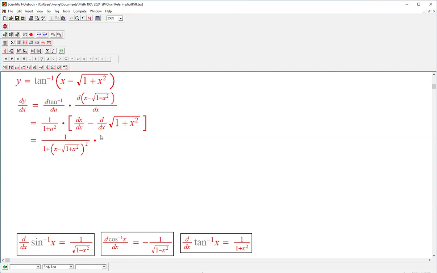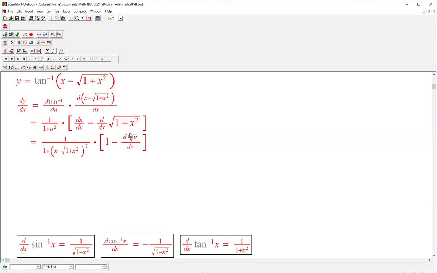So let's look at what's in the bracket. In the bracket, we have 1 subtracting the derivative, by chain rule, of the square root of v. And what is v? v is 1 plus x squared, inside the parentheses.